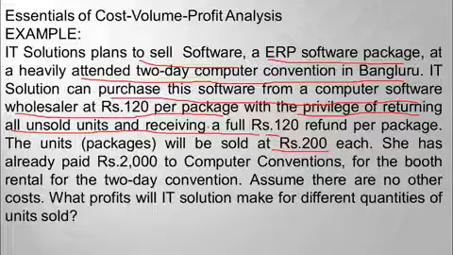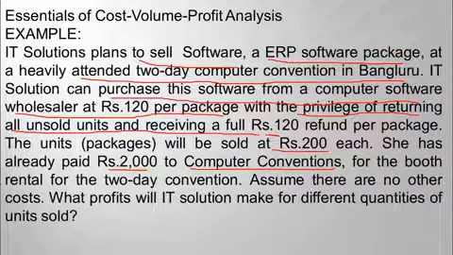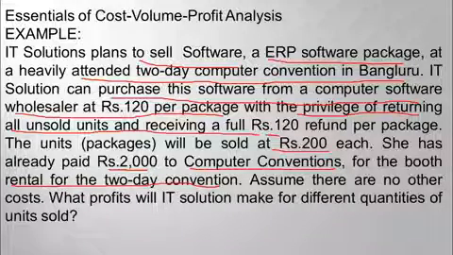Now, the IT Solutions company has already paid rupees 2000 to the computer convention for booth rental for the 2 days convention. In this convention the company wants to sell software, and for selling the software the company gets the software from the wholesaler for rupees 120, with the privilege that if the software is not sold then they can return it and get the refund of rupees 120 per package.